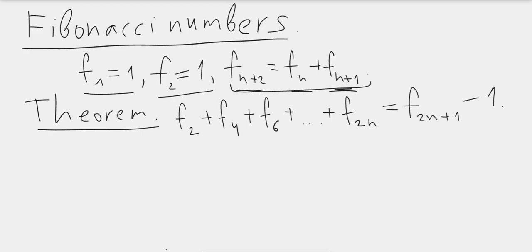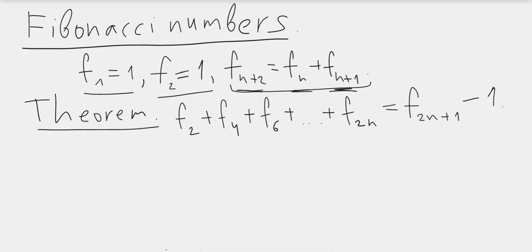In one of the previous videos I proved an identity that the sum of the first n Fibonacci numbers can be expressed as one of the other Fibonacci numbers, and then there was another video where I proved an identity about the sum of the first n Fibonacci numbers with odd indices.